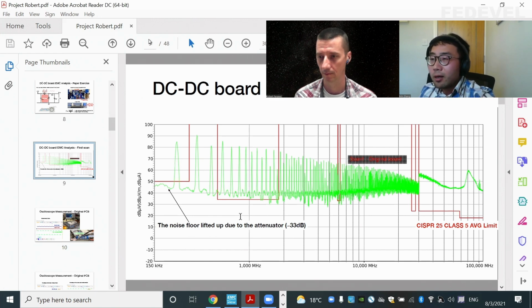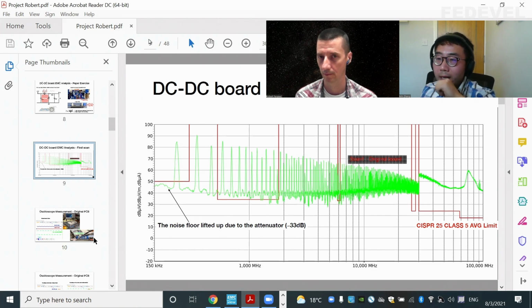But here the module failed even in the 150 kilohertz range, which indicates lots of differential mode noise, surely to do with the loop area inductance. So either they have a very big impedance in the capacitance path, or they don't use a sufficient capacitance value.